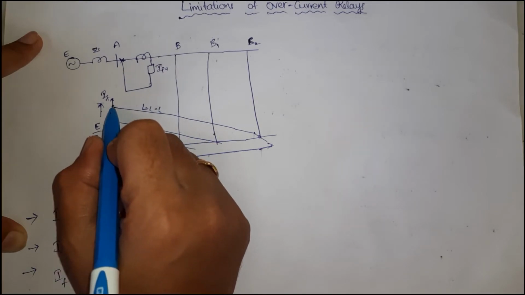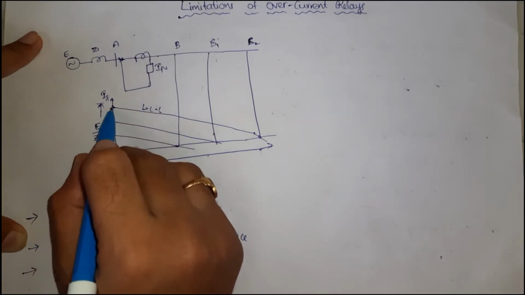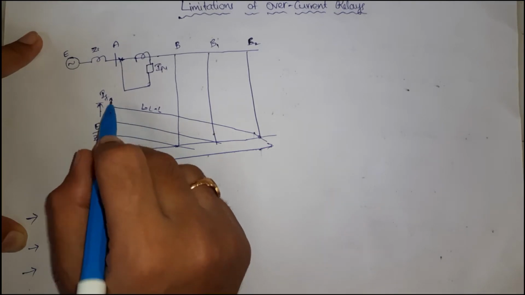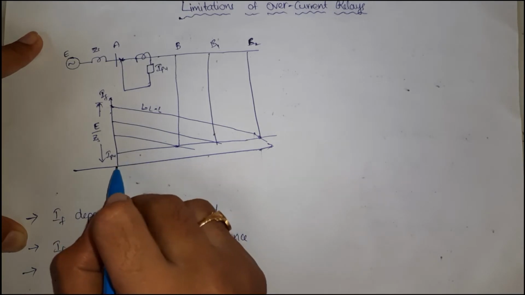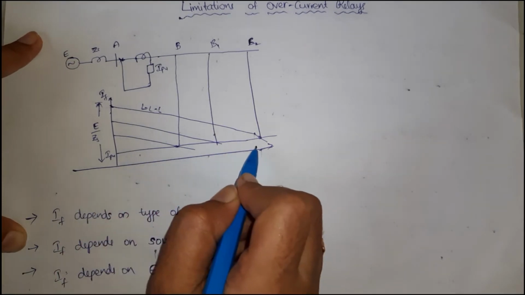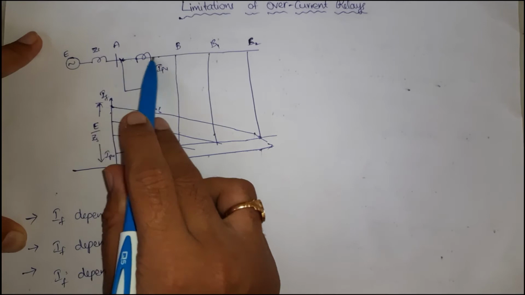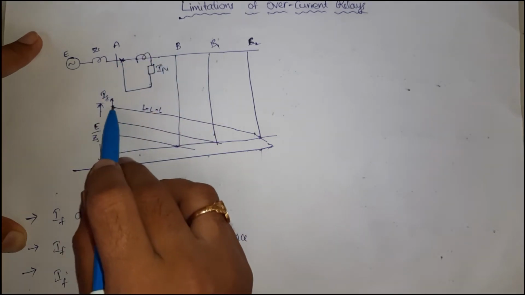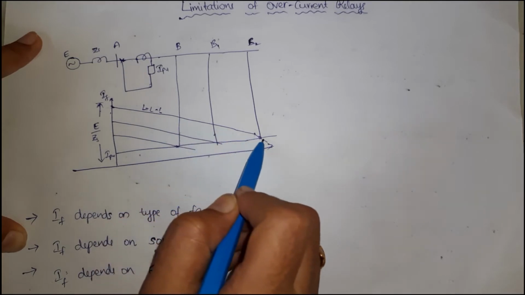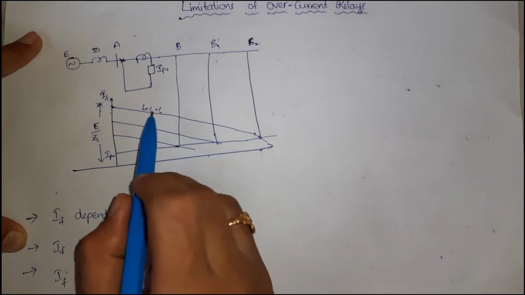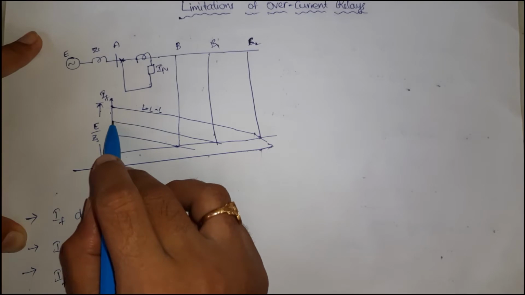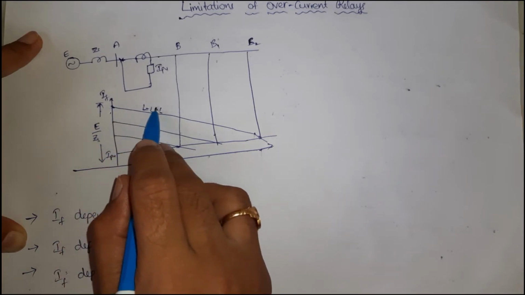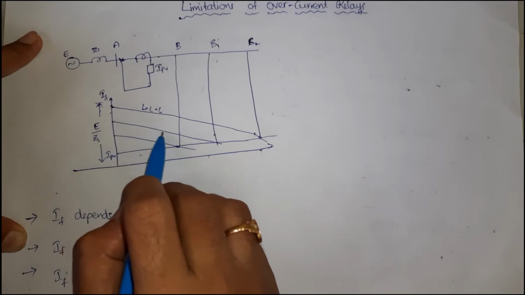If you plot a graph between the fault current and the point where the fault has occurred, the further the fault is from the bus bar, the more the fault current goes on reducing. Next, for a double L fault, the fault current is very much less compared to the triple L fault.